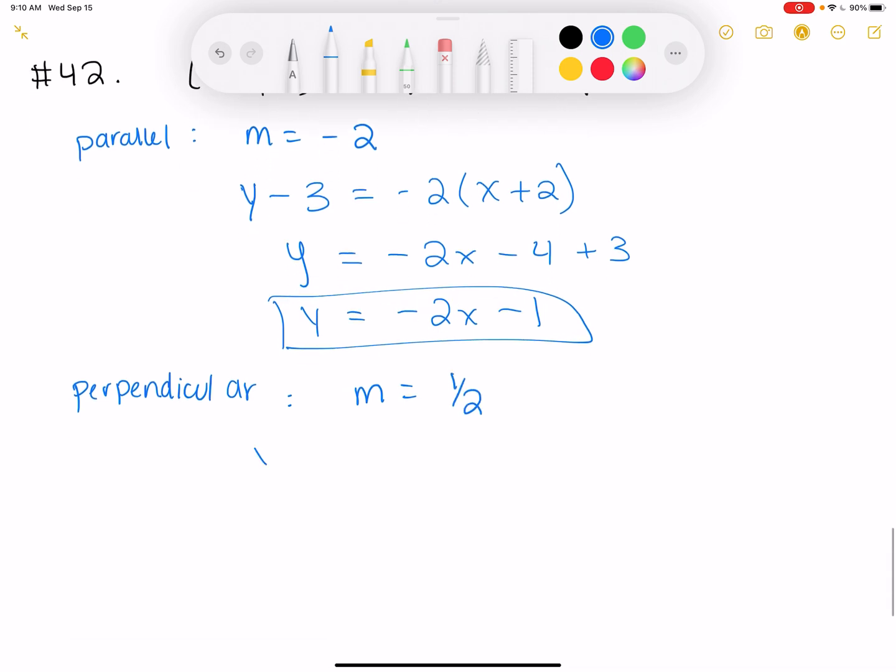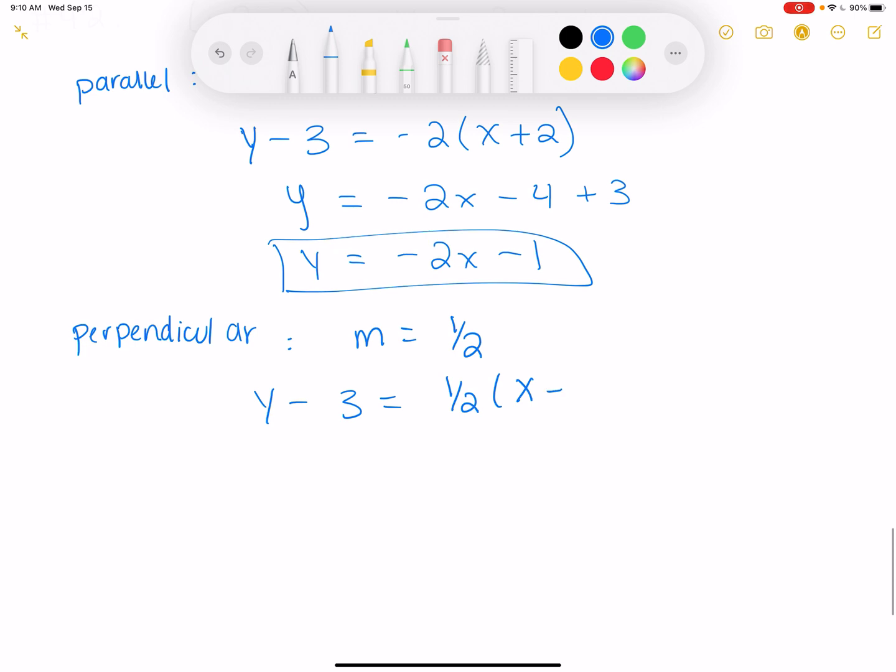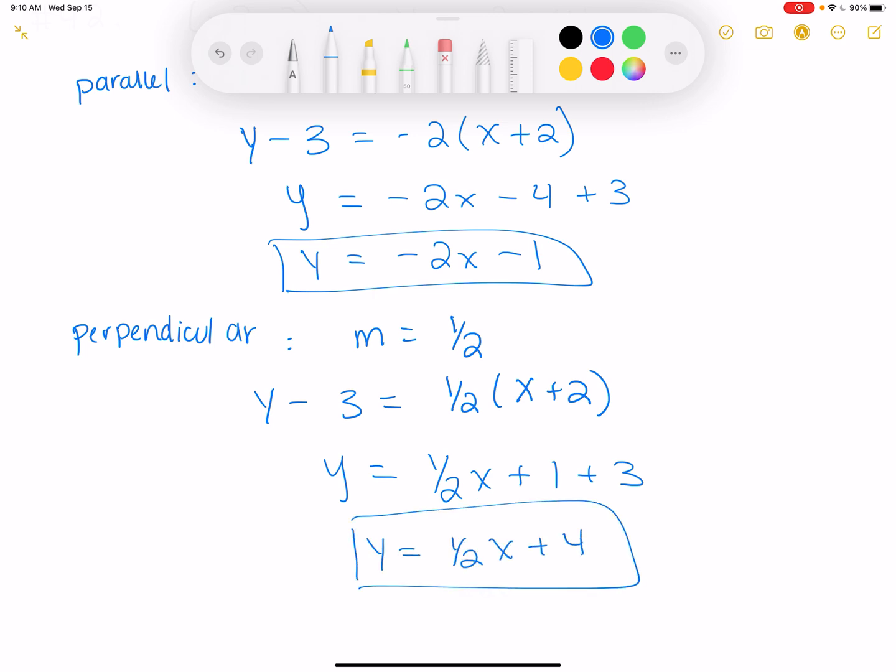Set up the same way: y minus 3 is equal to 1/2 times x minus negative 2, so plus 2. So y is equal to 1/2 x plus 1 plus 3, so y is equal to 1/2 x plus 4. And that's your perpendicular line.